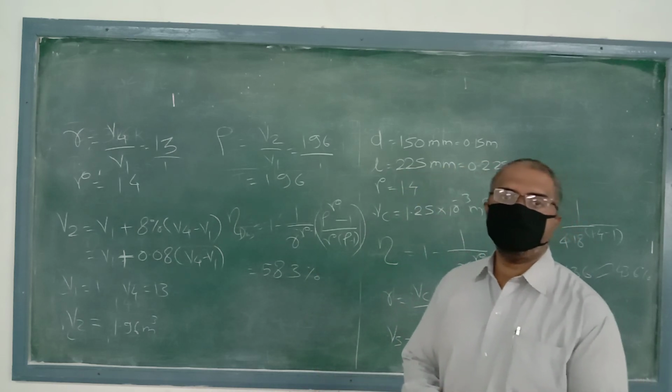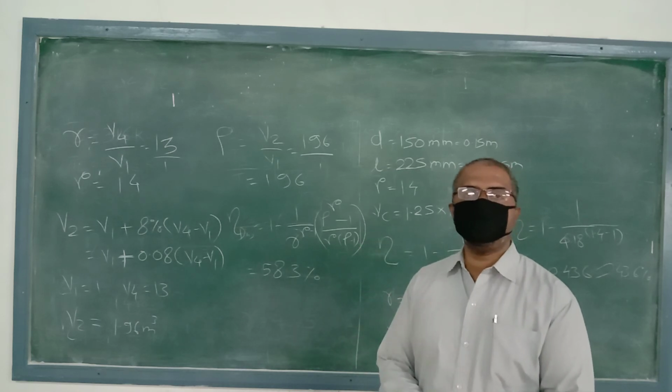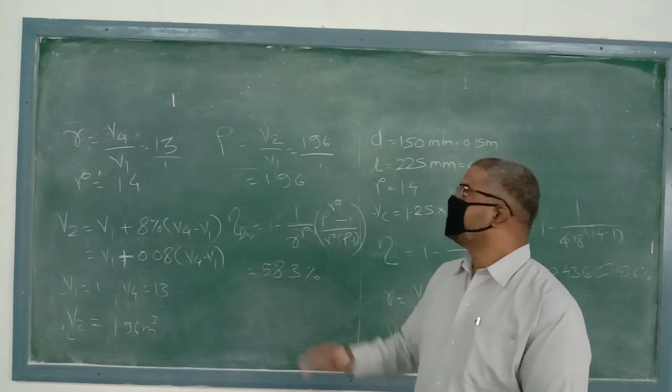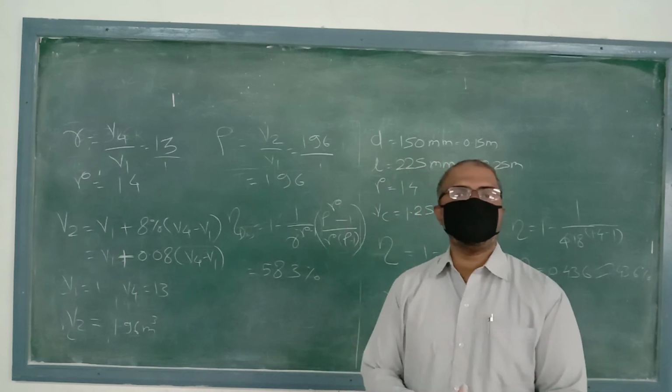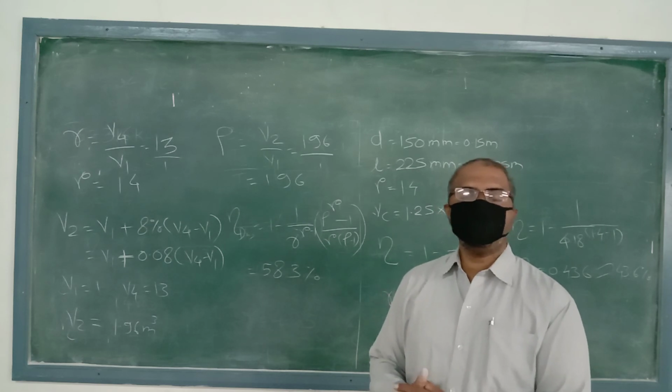We know that the cutoff ratio for this diesel cycle lies where there is a constant pressure process, and it is equal to V2 upon V1. Okay, so in this problem V2 is unknown, but they have mentioned that the engine is cut off at 8% before the end of stroke.